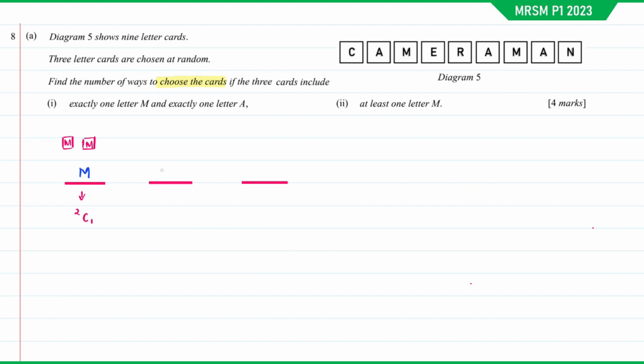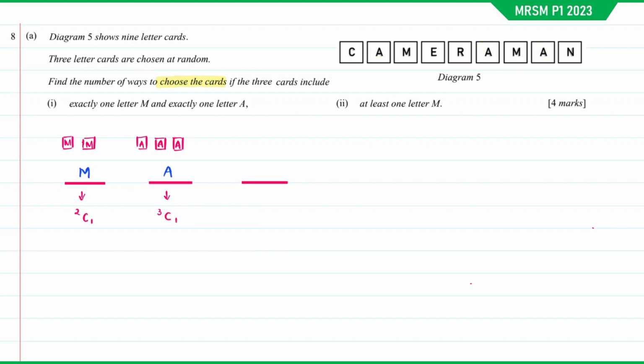Let's say the second letter we choose is letter A. To guarantee the letter we choose is A, we just choose from these 3 letter A, so this case will be 3C1.